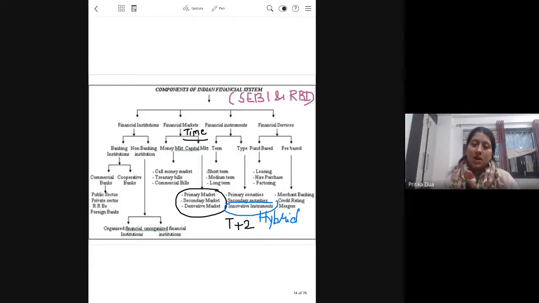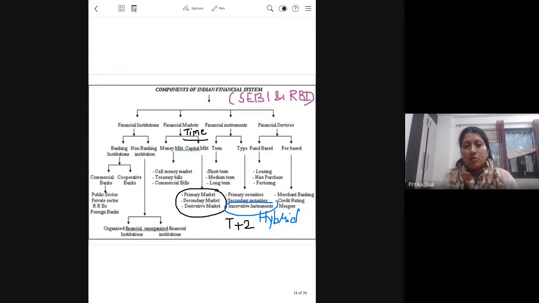Under financial markets, now this is a single classification on the basis of time that is given. You have money market, capital market, then again on the basis of the nature of issue or timing of the issue, there you have primary market, secondary market, then you also have derivative market.